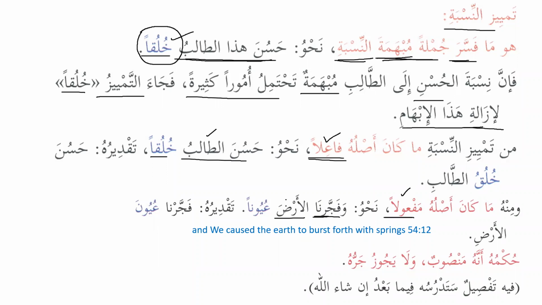So we can see that tamyiz can be fa'il, and also the noun that is being used as tamyiz can be maf'ul bihi. فَجَّرْنَا الْأَرْضَ عُيُونًا تَقْدِيرُهُ فَجَّرْنَا عُيُونَ الْأَرْضِ, and it is also possible to say فَجَّرْنَا عُيُونَ الْأَرْضِ.